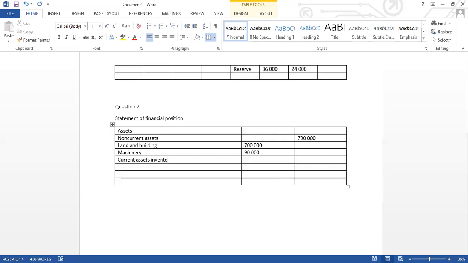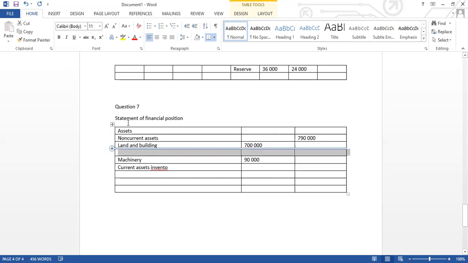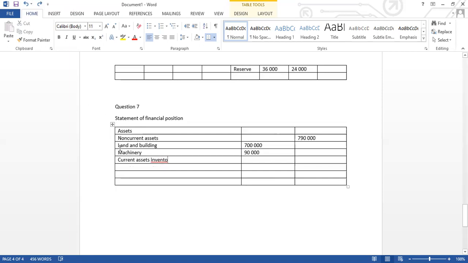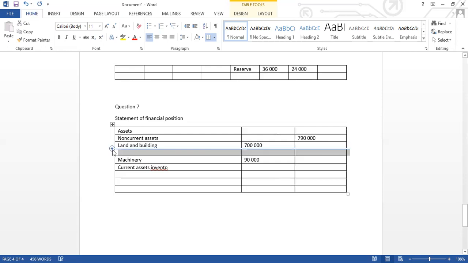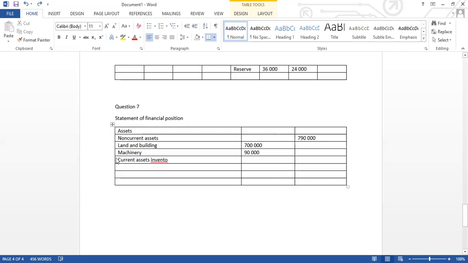Sorry, I think I forgot something. I just noticed that goodwill is also part of the non-current assets. Yes, goodwill is a non-current asset, so it needs to be included in the non-current assets amount.